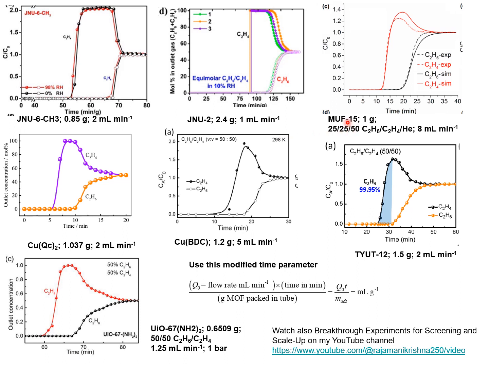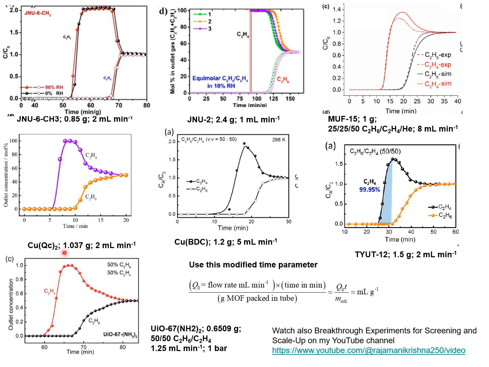The efficacy of MOF 15 is demonstrated in experiments that are conducted in 50-50 mixtures but also containing helium at a total flow rate of 8 milliliters per minute. The mass of adsorbent is 1 gram.